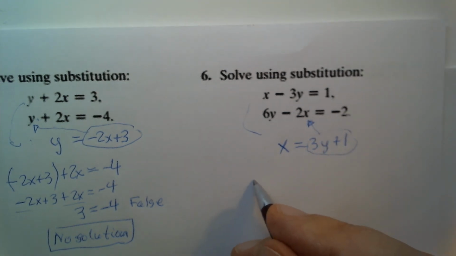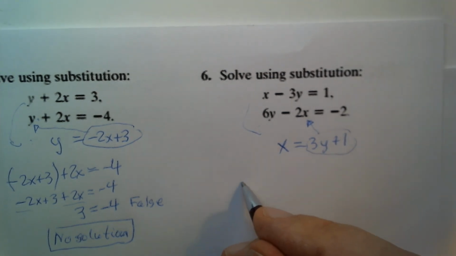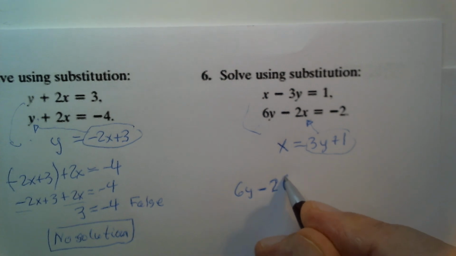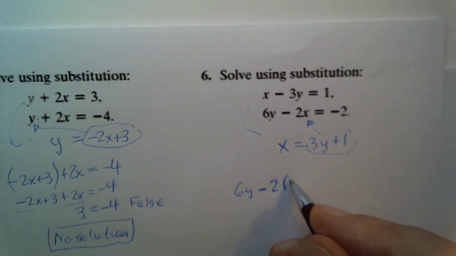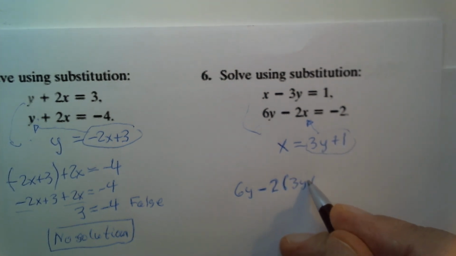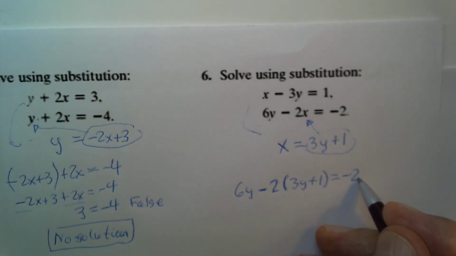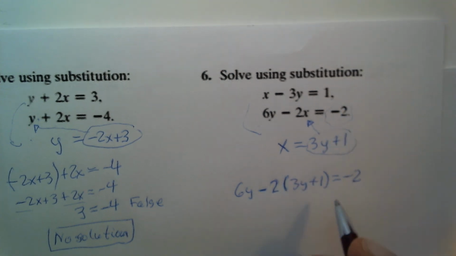So let's do that. So from the second equation, we get 6y minus 2 times, and now comes x, and x is 3y plus 1, equals negative 2. That is negative 2 here.